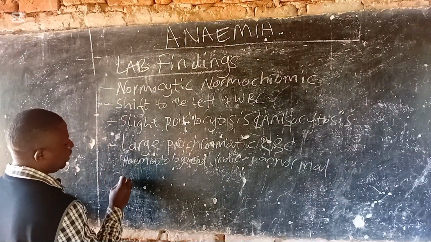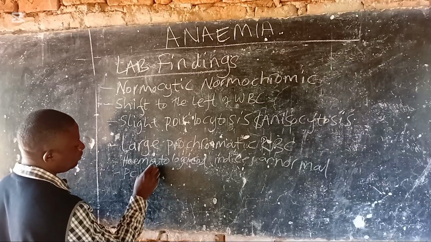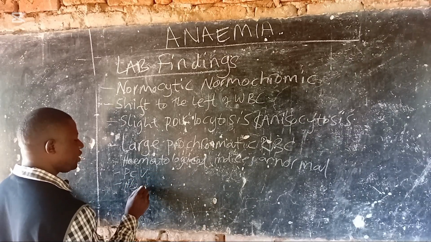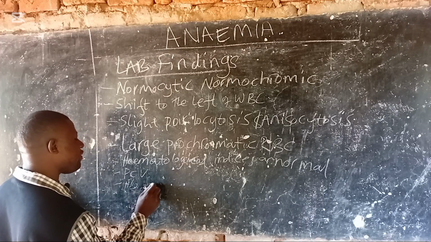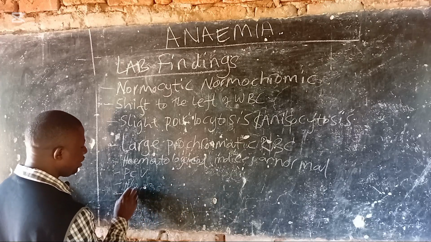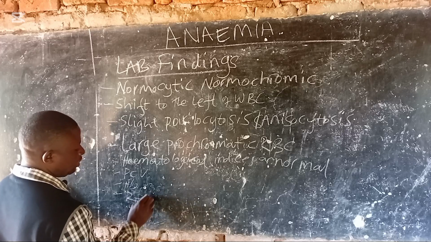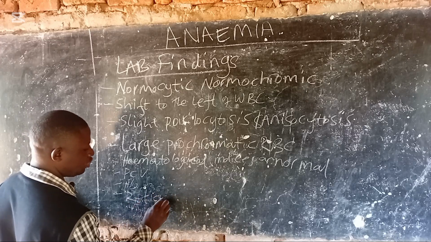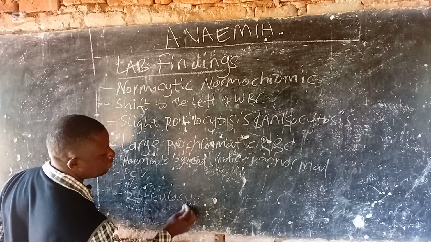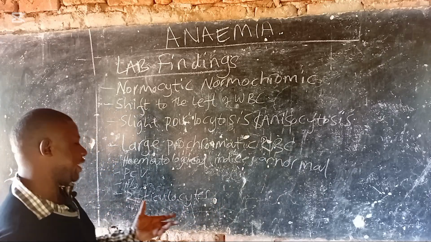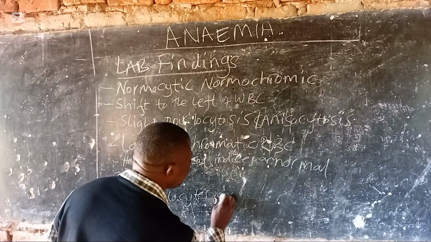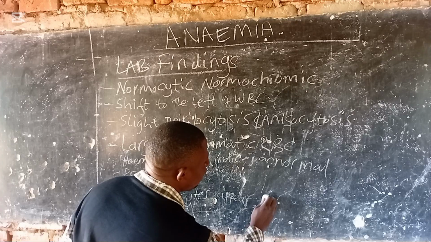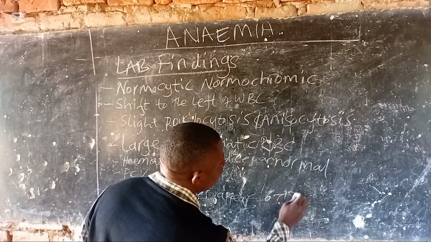Like now the PCV is normal, then the HB is normal, then later, slightly after 3 hours, it slightly goes down. Then the reticulocytes appear in peripheral blood after like 6 to 12 hours.